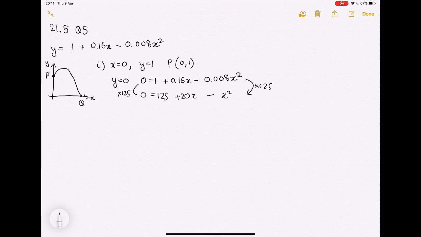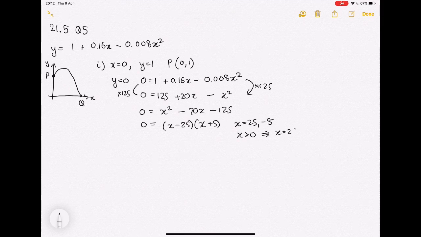Then if we multiply through by minus 1, we end up with 0 equals x squared minus 20x minus 125, which does factorise to (x minus 25)(x plus 5). So x is either 25 or negative 5. The context is clear that x is greater than 0, so x is 25, and the coordinate of Q is (25, 0).